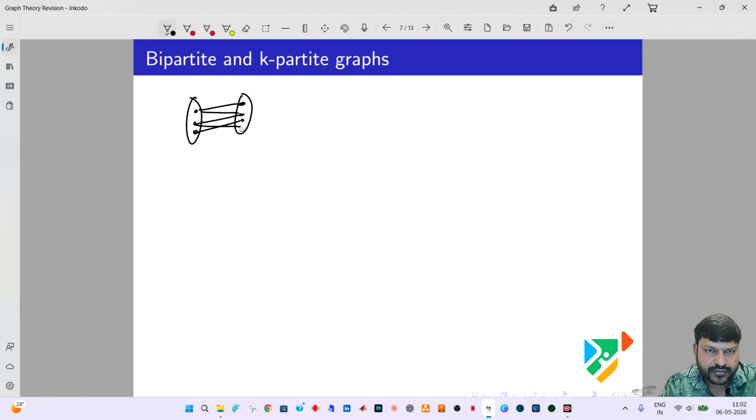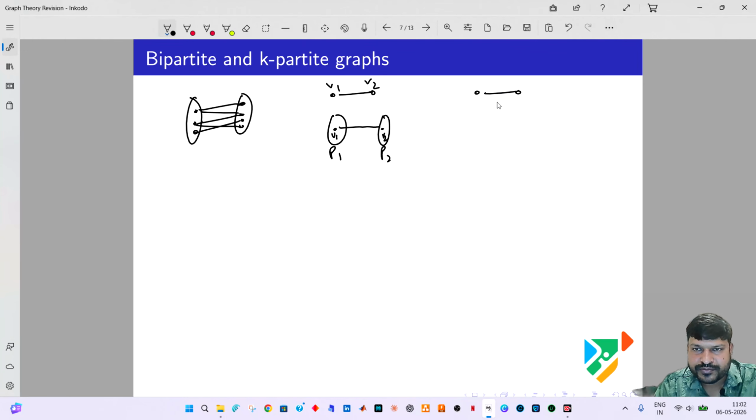For example, suppose you consider this graph. V1, V2. Is it bipartite? Yes, it is bipartite. You can put V1 in part 1, V2 in part 2. This is your V1, this is your V2 in part 2, and this is an edge.